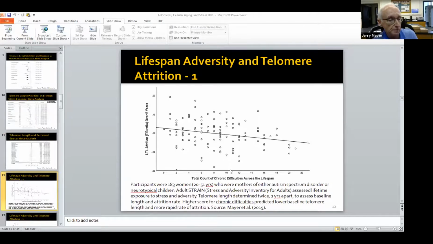All right, so now we're going to look at a few individual studies as well. The first one is a pretty recent study using the STRAIN, the Stress and Adversity Inventory, a lifetime assessment of stress and adversity. Participants were 183 women.